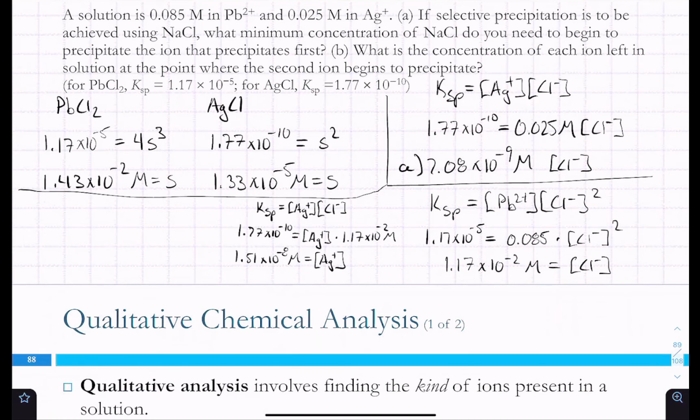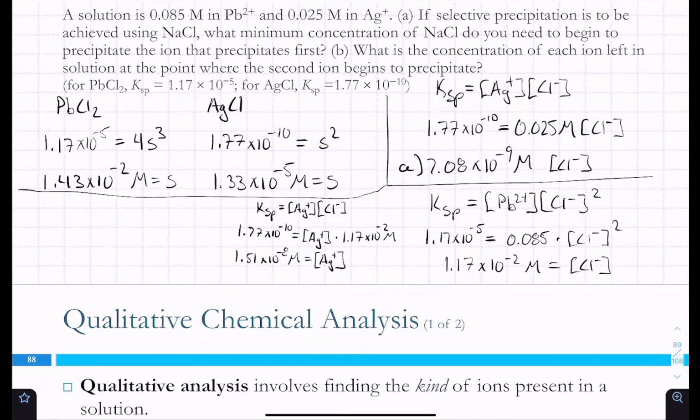How much lead precipitated? Well, we went right up to the point before it precipitates. Subtract out what? Oh, like the Cl- concentration?